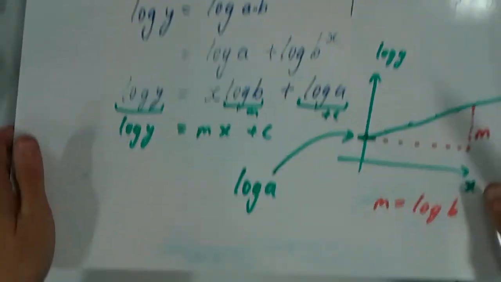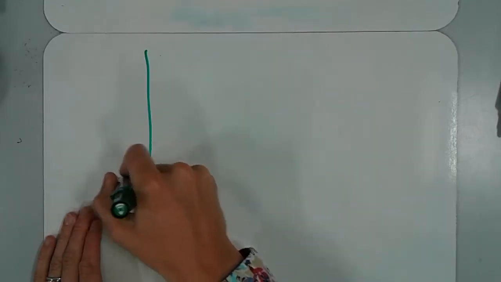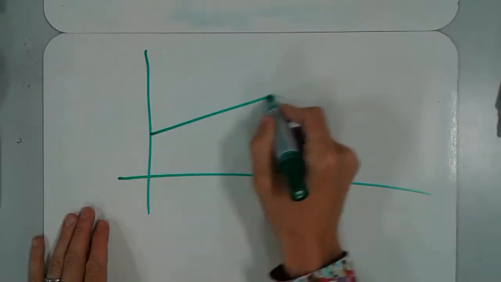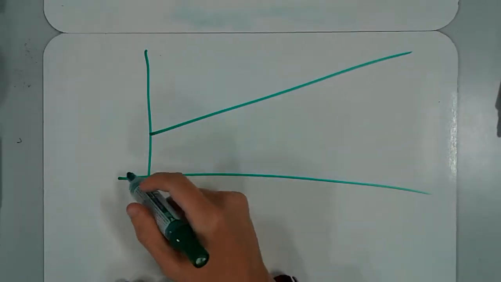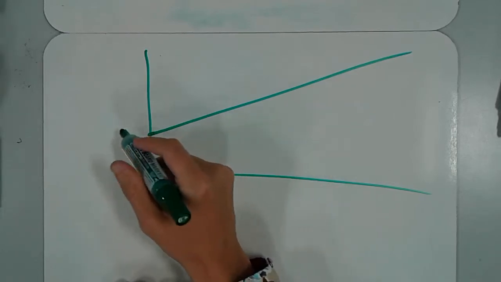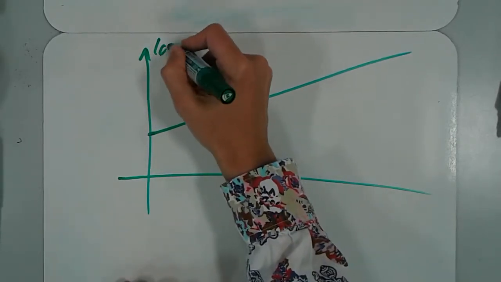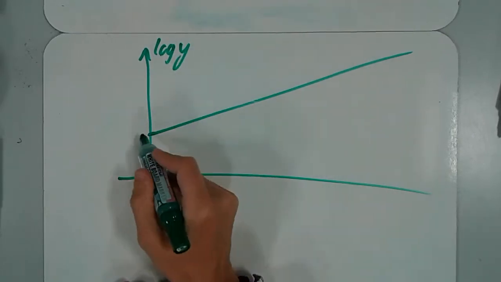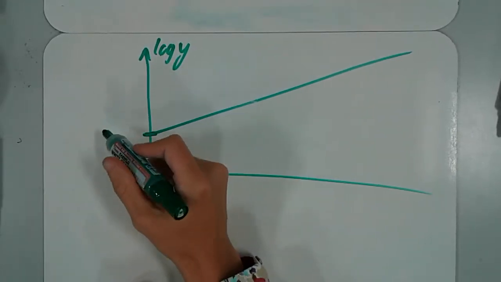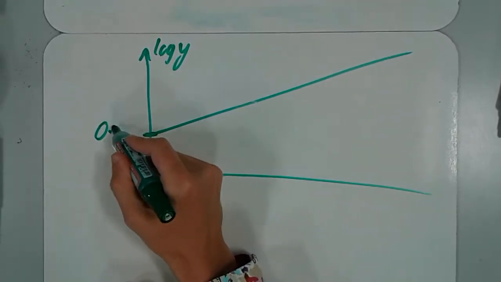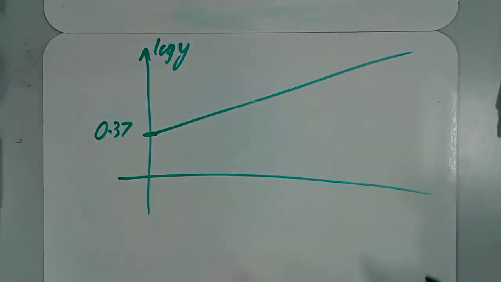Okay, so let's look at an example of that. Let's say that we're given a graph and we are told that this graph has a log y-intercept of 0.37.